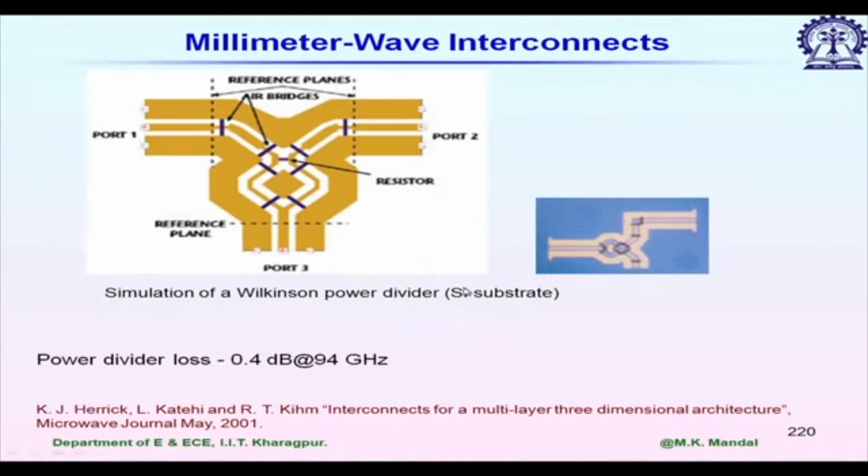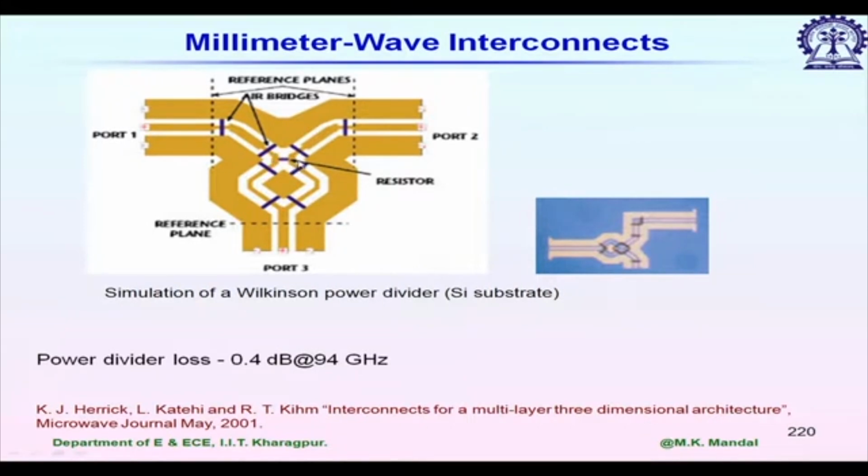This is one example of a Wilkinson power divider at 94 gigahertz designed on silicon. We have many reactive compensations along with the wire bonding, and this black dot represents the resistor.